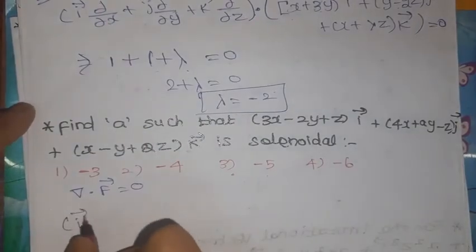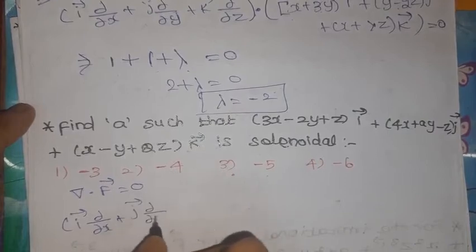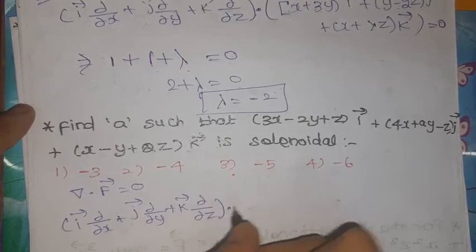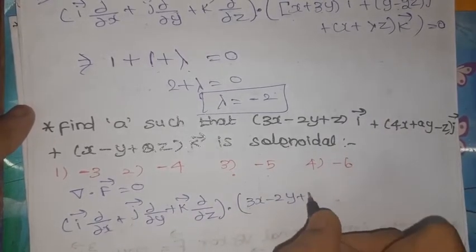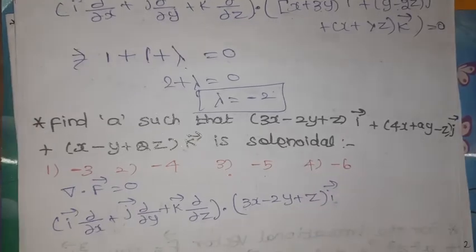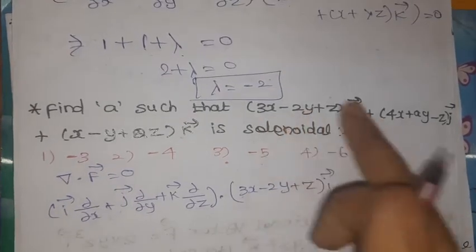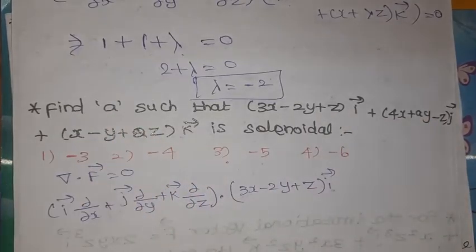So what is del? i into dou by dou x plus j into dou by dou y plus k into dou by dou z, dot product with the given vector. From an exam point of view, we can just do dou by dou x of this term, dou by dou y of this, and dou by dou z of this by mental calculation.